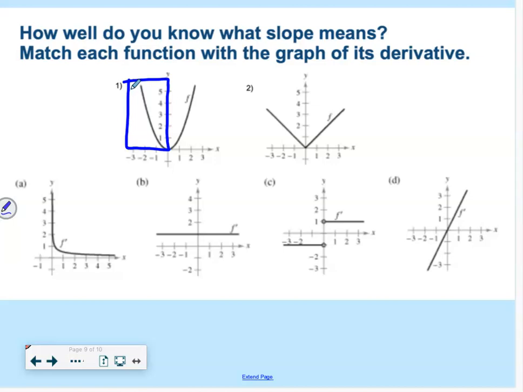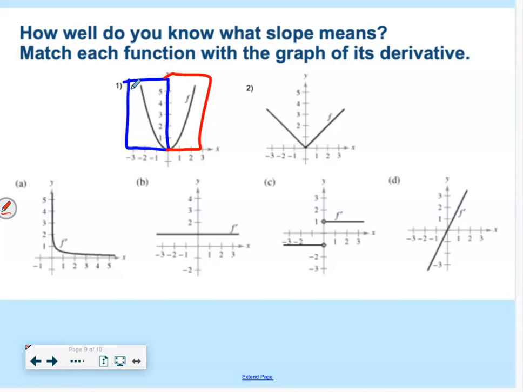Okay, so we know that whatever our derivative is, it has to be negative on this half because the slopes are negative. Does that make sense? This graph's going down. And then for this half, our slopes have to be positive because it's going up, right? Now, don't confuse negative with decreasing.